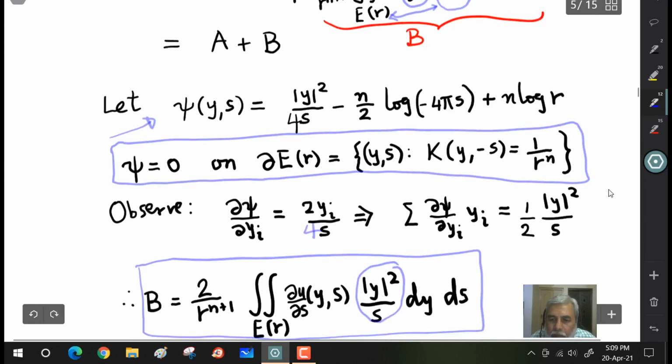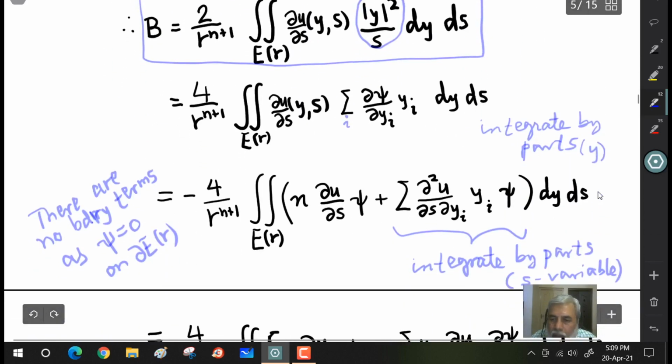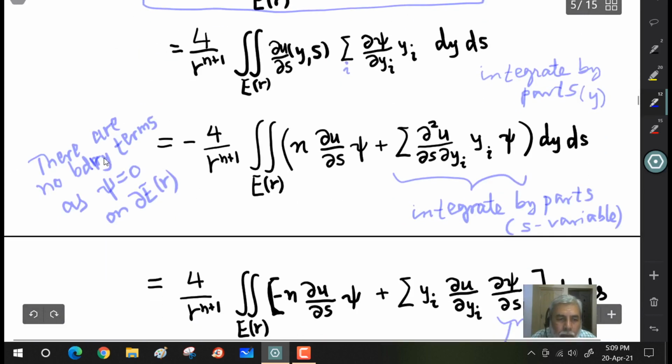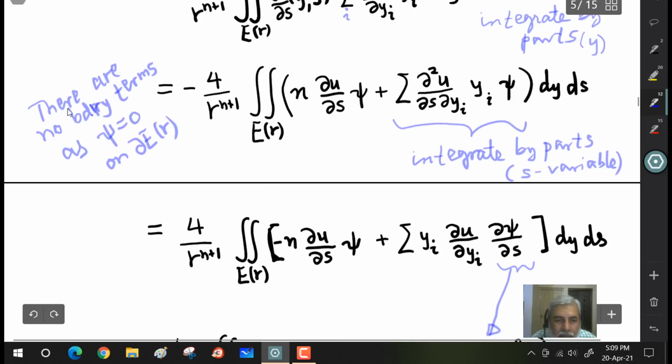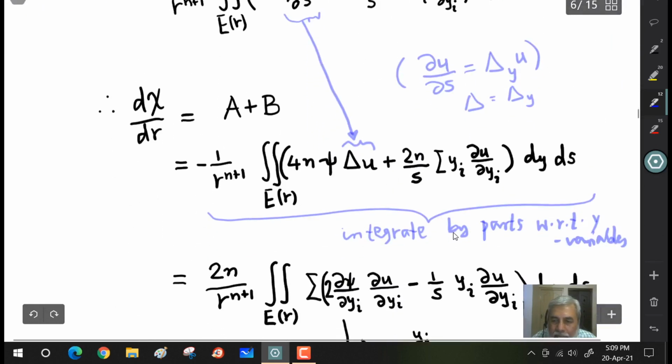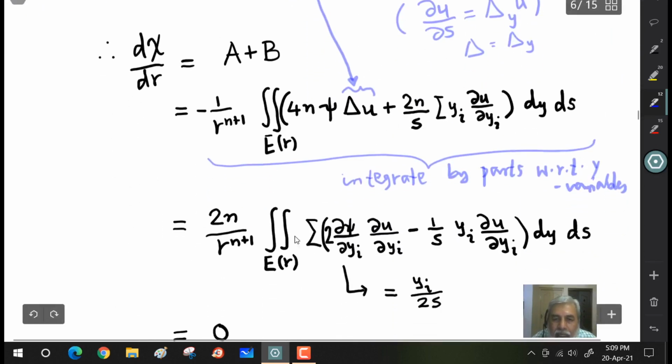Okay, so boundary is smooth, so this integration by parts is justified, and there are no boundary terms as psi is 0 on it. So remember this, just use it everywhere. Whenever you integrate by parts, that psi appears and psi vanishes on the boundary. Okay, and same thing is true here. Again there are no boundary terms, and you just get this term.